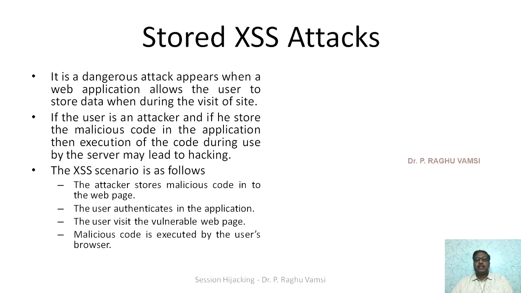So whenever the same page is opened again, for example a profile page, and in that profile page one or two fields are vulnerable and capable of storing code or data without validation, then if the attacker injects malicious code in that page and saves it, then on the next login, if the same user or maybe any other user opens the same profile page, the previously stored content may be run again.